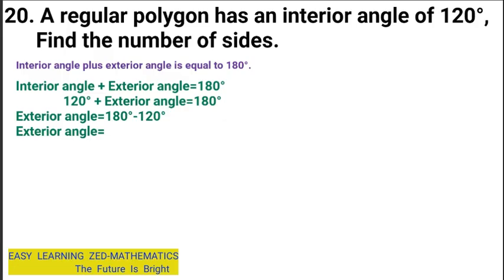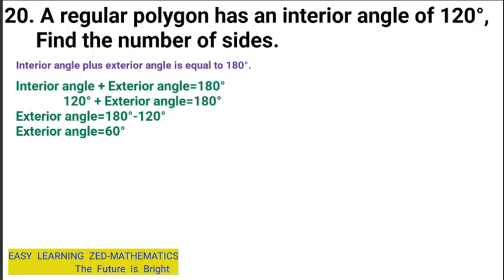Now 60 degrees is the exterior angle of this regular polygon. Once we've found one exterior angle, all the exterior angles are equal. Then we go ahead and find the number of sides.